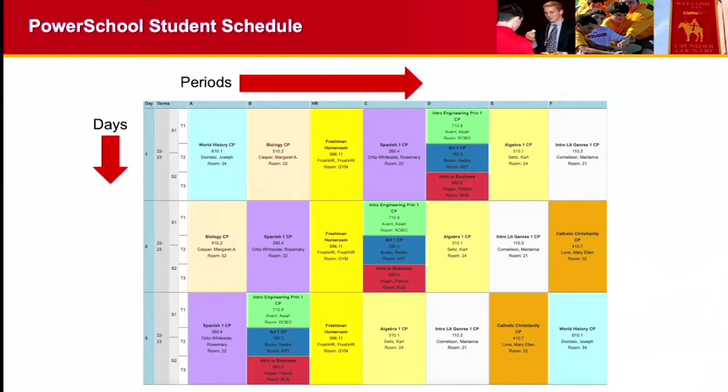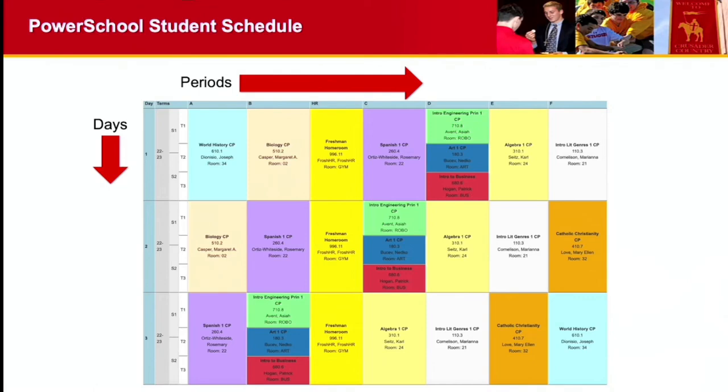In this case, in the first trimester, would be engineering, second trimester is art, and the third is business. So that student for the first 3 days of the cycle goes to those classes, depending on the trimester. And then on day 1, the 5th period, or the block class, is algebra, and then the last class of the day is English, right?